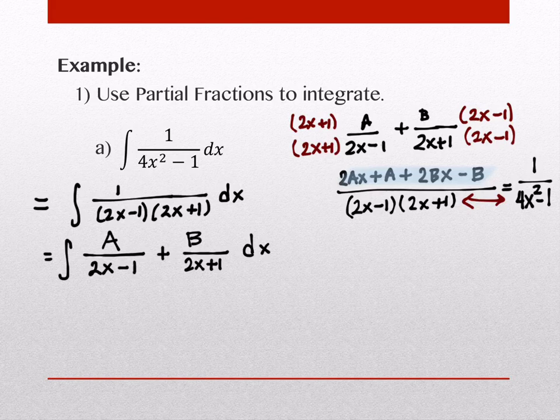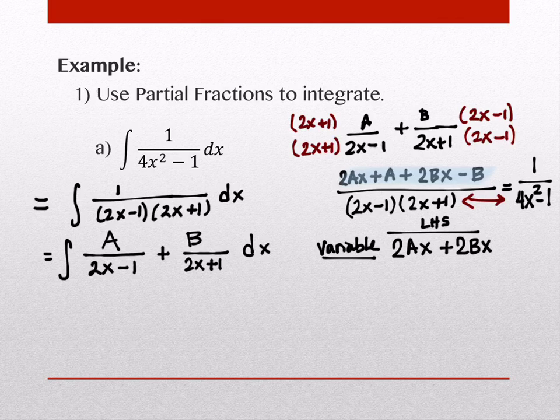Okay, the highlighted part that I just created, part of that is variables and part of that is constants, correct? So which terms have variables in them? The 2ax and the 2bx, correct? So this is the left side.